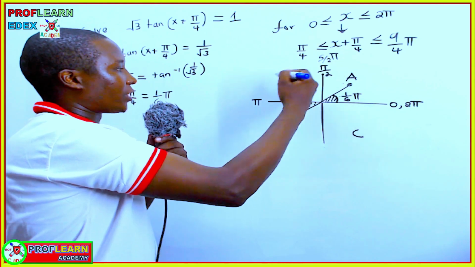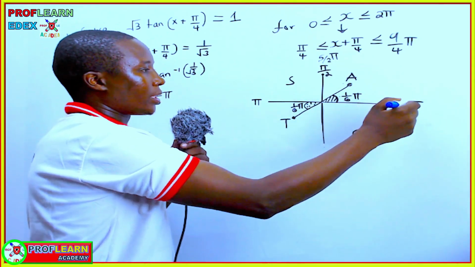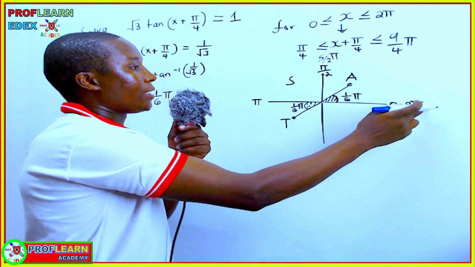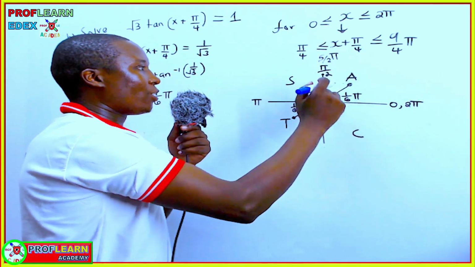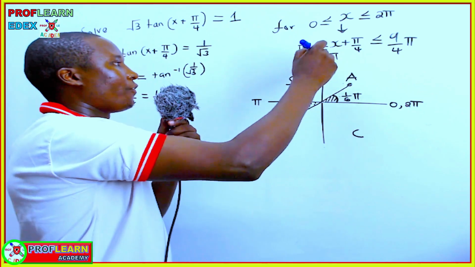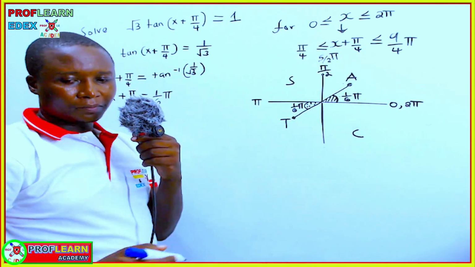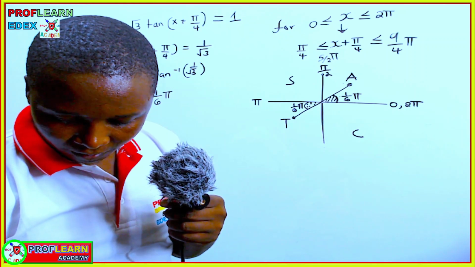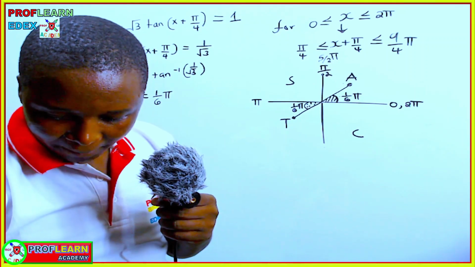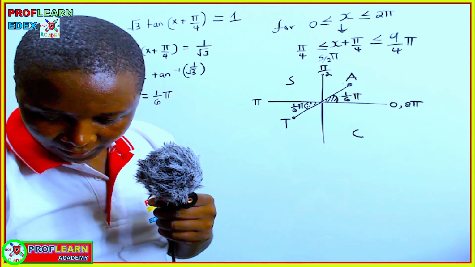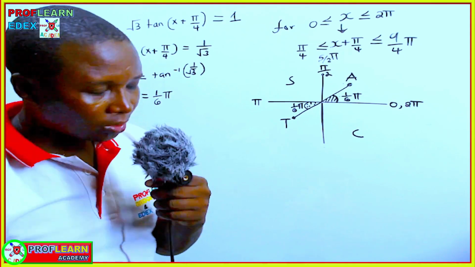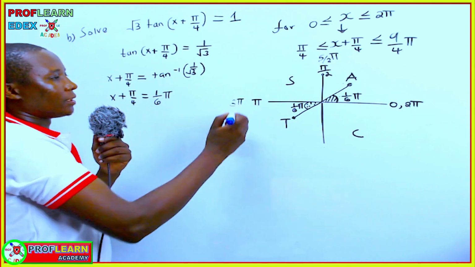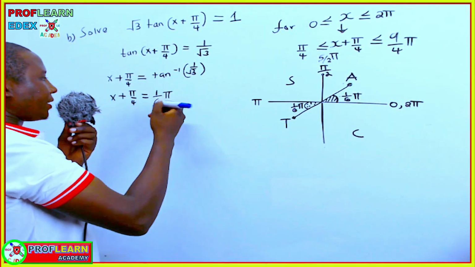If you go around, you reach 360 degrees, which is equivalent to 2 pi. Then if you add another pi over 2, we are going to be here at 5 over 2 pi, right? If we add pi over 2 again, at that point we are going to have 3 pi. So we've identified that.